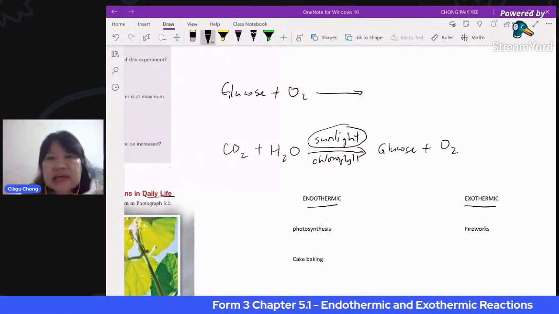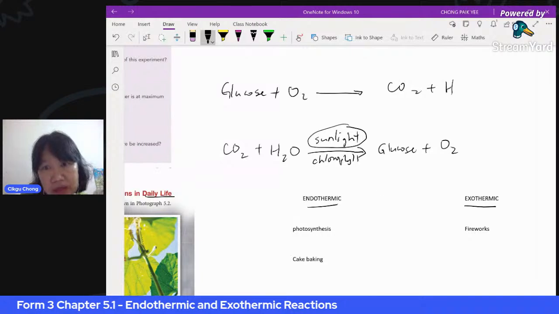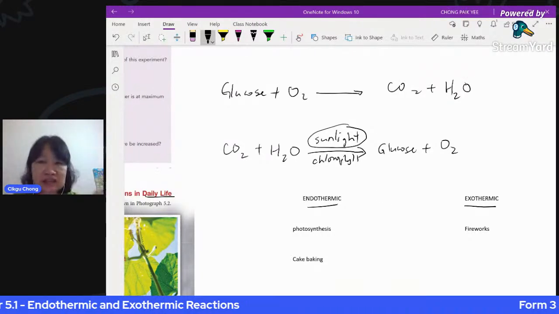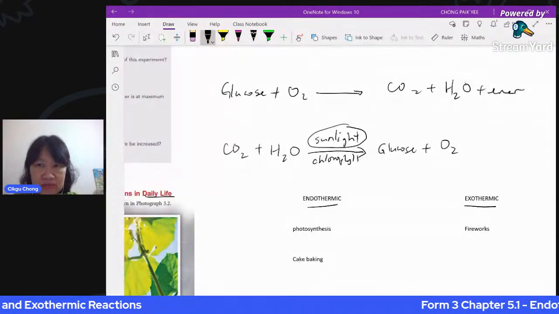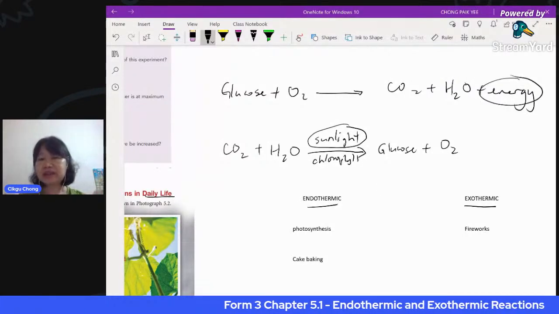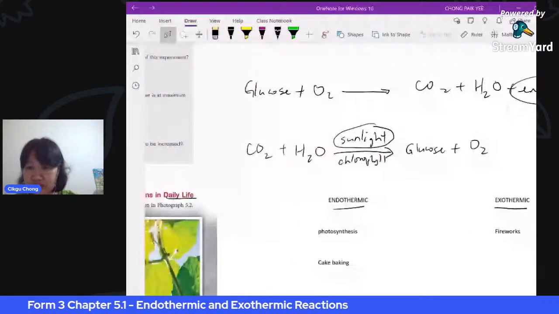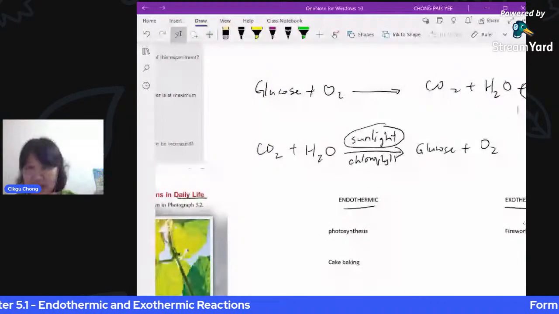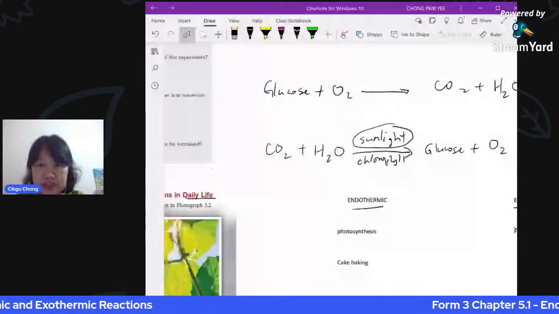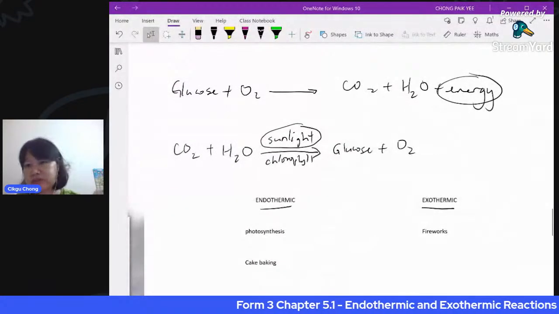You're going to get carbon dioxide and water. And more importantly, it's producing energy. Don't forget. So here, very clearly, it is producing energy. So what kind of reaction is respiration? It's producing energy, many forms of energy.